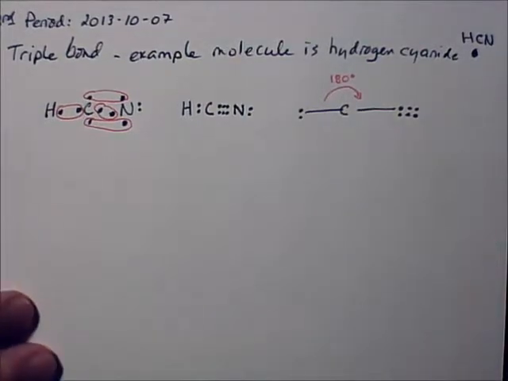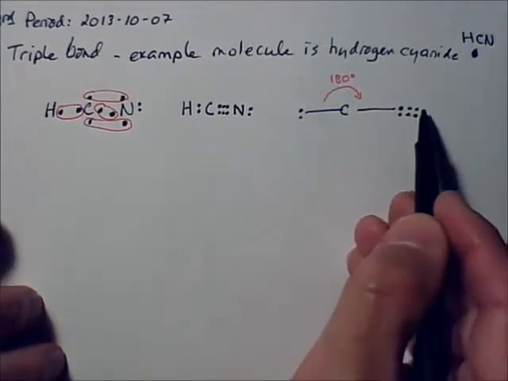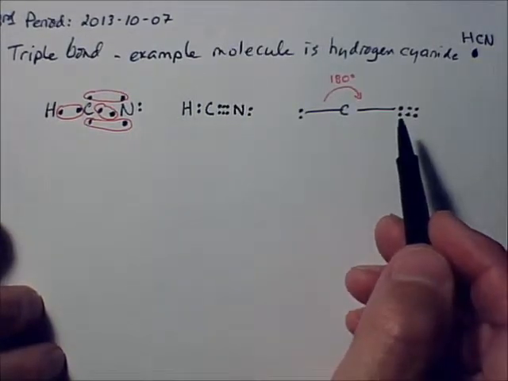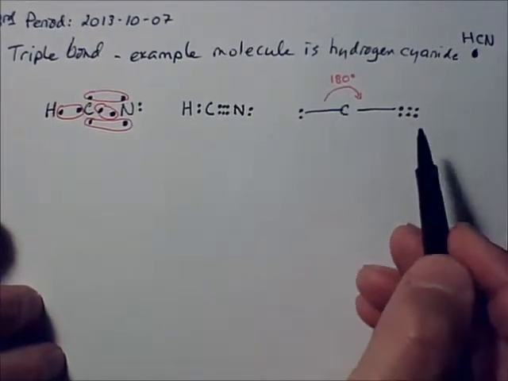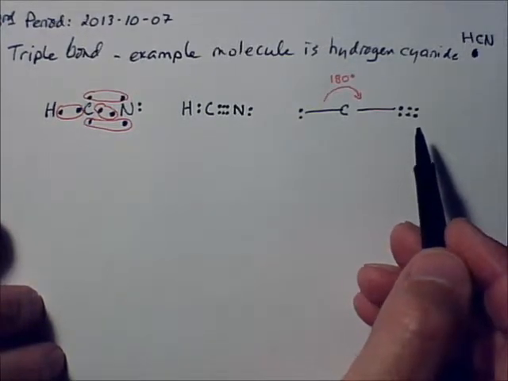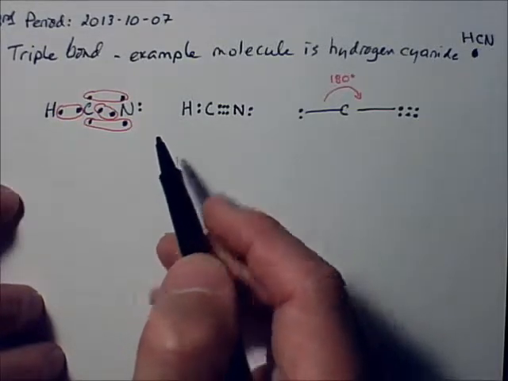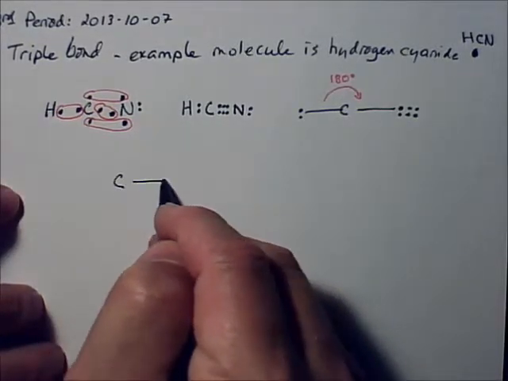Okay? The next step is to replace any of these sets of electrons in this drawing with the atom they're shared with. And in this case, both sets are shared. So we're going to redraw exactly the same thing again.